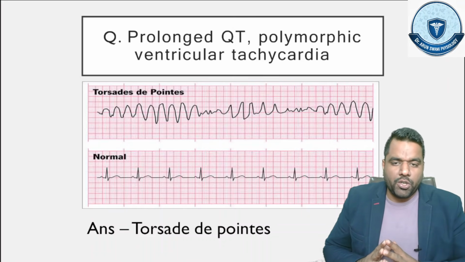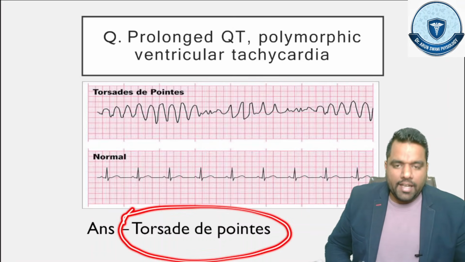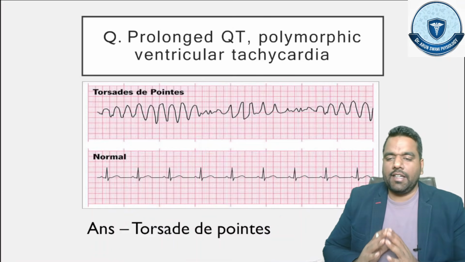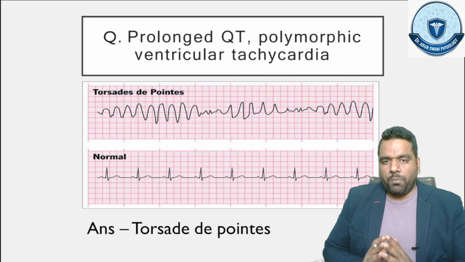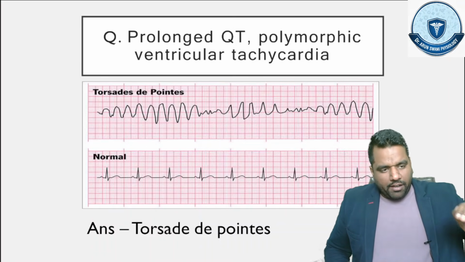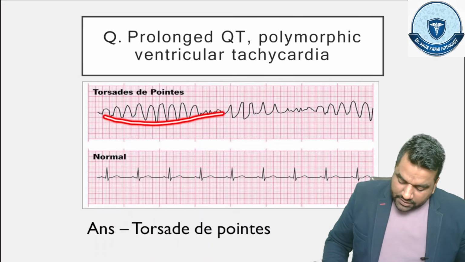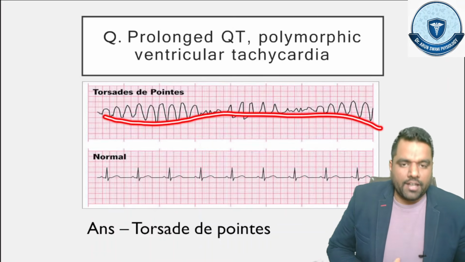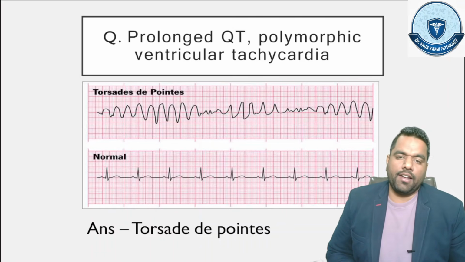If given in the MCQ, guys, always go with the answer torsade de pointes. Unless anything else is proven, guys, go with the torsade de pointes. What is the polymorphic ventricular tachycardia? There is a twisting-like wave seen over here, and this is called polymorphic ventricular tachycardia.